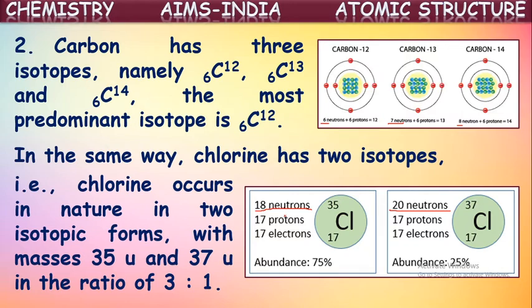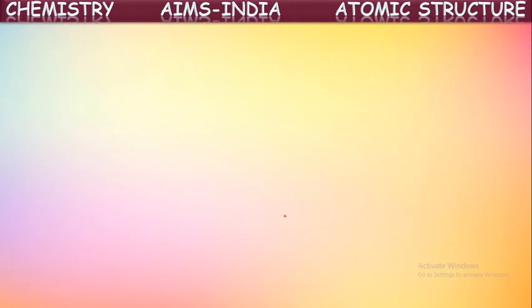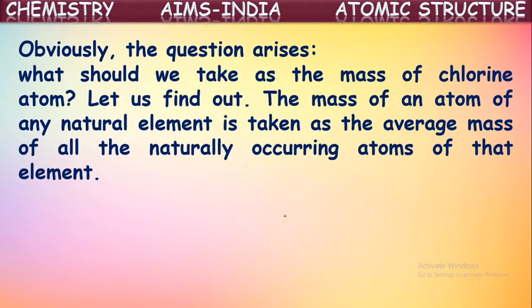Okay, next. As we have seen here, some elements have isotopes. Different elements have different isotopes. Hydrogen has three isotopes, carbon also has three isotopes, and chlorine has two isotopes.